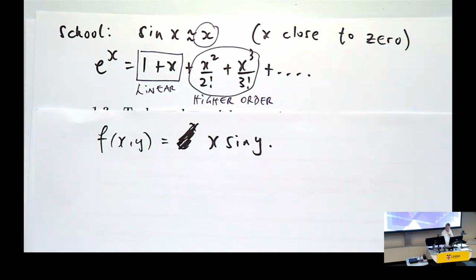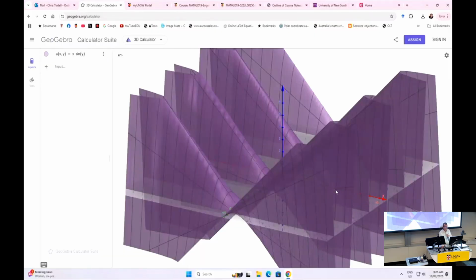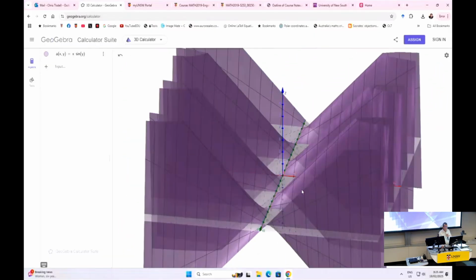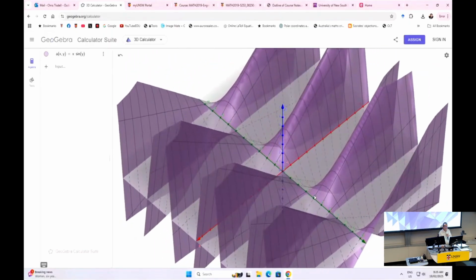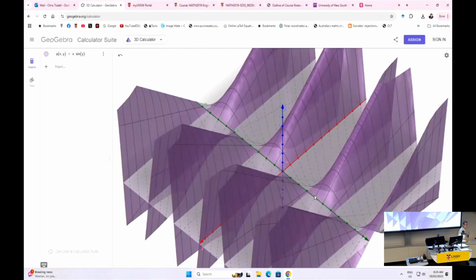Okay, so for everyone at home. Not bad, huh? Okay. And let's just see if we can apply these ideas to form an approximation for this near 0, 0.